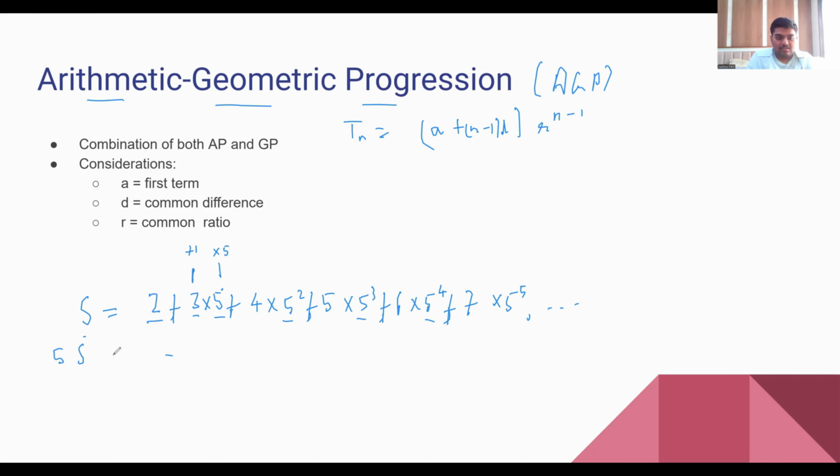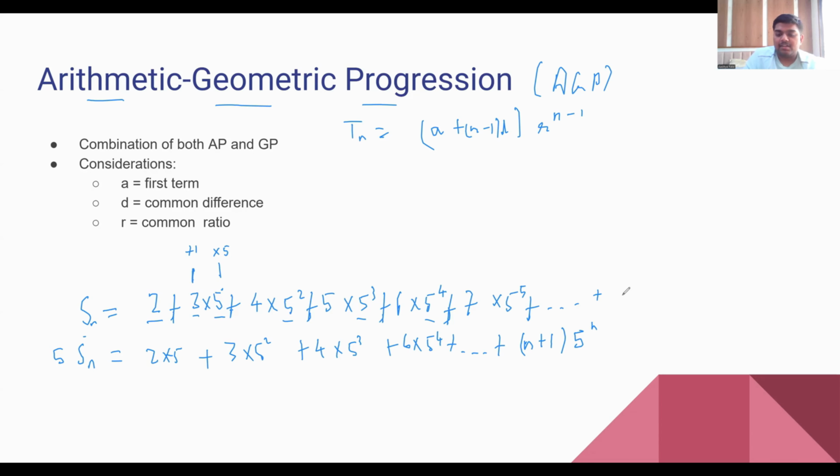So 5Sn is equal to 2 into 5 plus 3 into 5 square plus 4 into 5 cube plus 5 into 5 to the power 4 plus so on, plus n plus 1 into 5 to the power n.